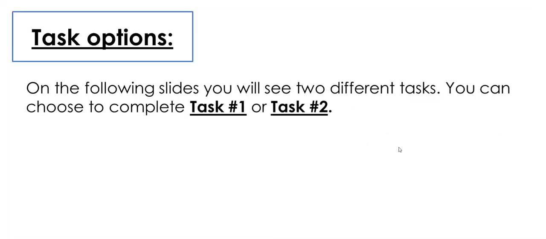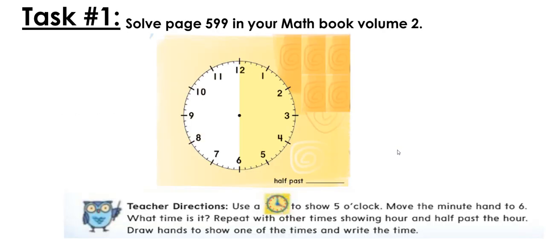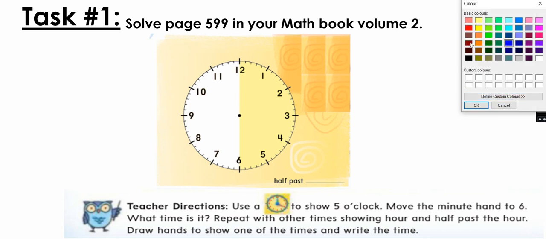Let's go and do the tasks together. In task number 1, let's solve page 599 on your math book. Please write the date as well on top of the page. Now listen up. First, we're going to draw a clock showing 5 o'clock.